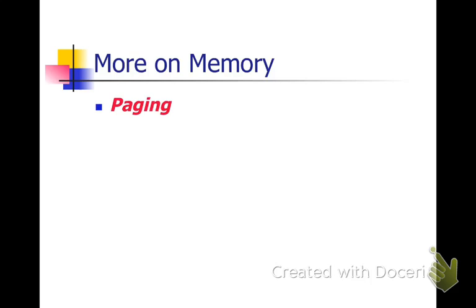With paging, addresses that are generated are not necessarily the physical addresses. The mechanism is used to map the program's addresses into a physical address. So in operating systems, paging is a memory management scheme where I can store and retrieve data from secondary storage, like our hard drive, for use in main memory. So when I start to run out of memory, I can move things from random access memory into auxiliary storage or hard drive.